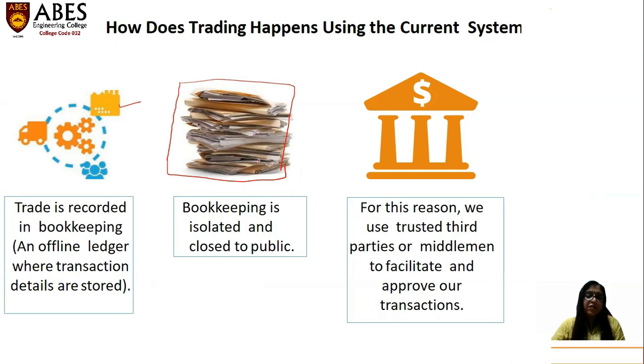And for this reason, we use trusted third parties or middlemen to facilitate and approve our transactions, right? Without a bank or any third party approval, how can I believe that my money is in safe hands? If I transfer my money to another person, only the bank will approve that this transaction has been done.